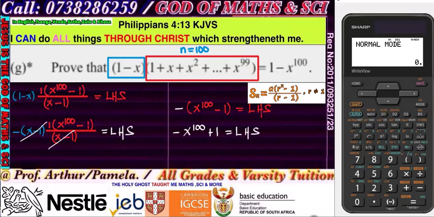But if I want to write the positive 1 first, it's 1 followed by negative x to the exponent of 100. That will give me my left-hand side. And when you look at it, it does look like the right-hand side. So now we can write QED, which means quite easily done.